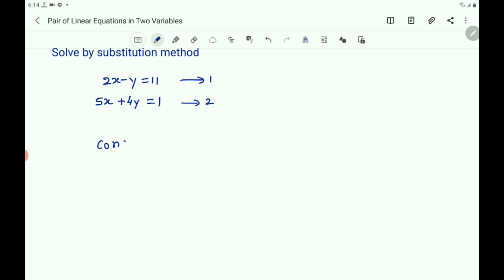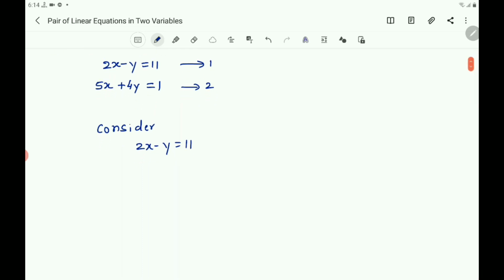Consider 2x minus y equals 11, which is the first equation. Now let us express this equation in terms of x or in terms of y. Here you observe the coefficient of y is 1. So easily you can express y in terms of x.